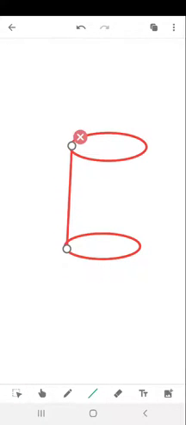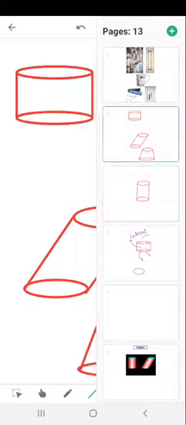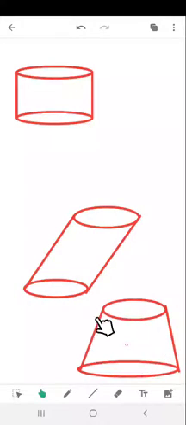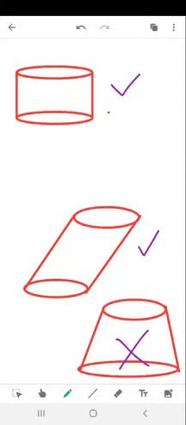Okay, so this forms a cylinder: two congruent bases joined by lines. If we have two circular bases which are not congruent, the shape seems like something like this, and this is not a cylinder.